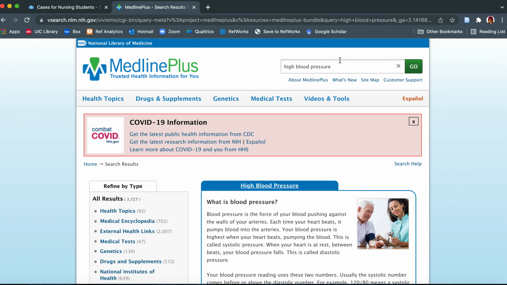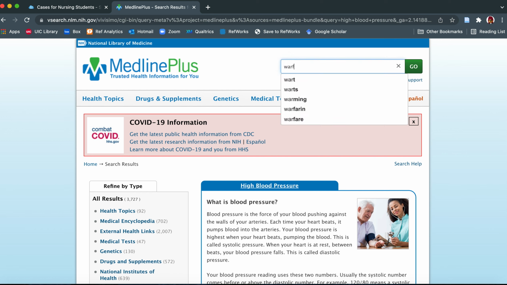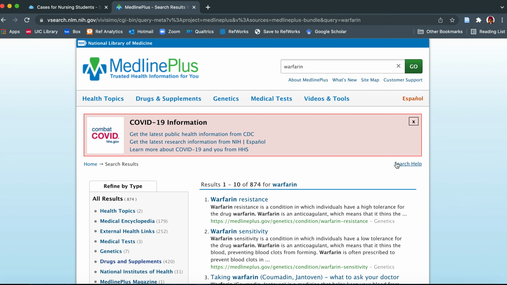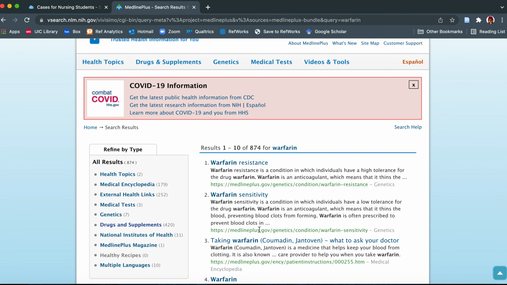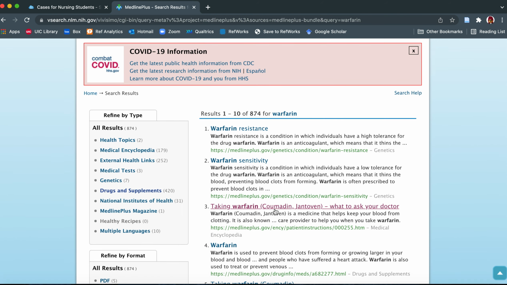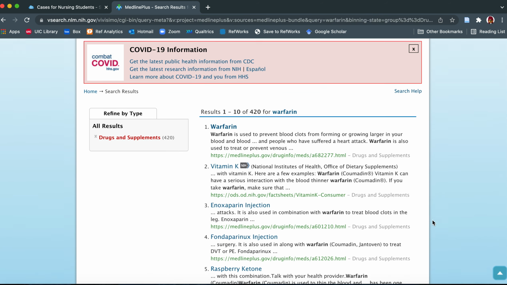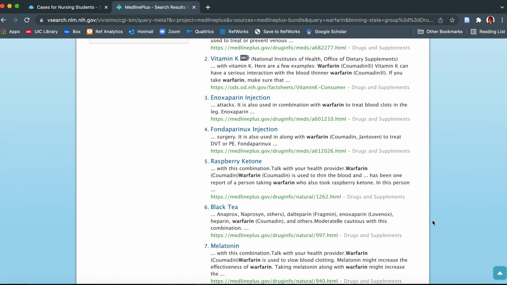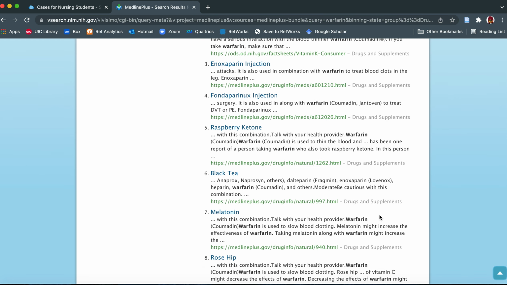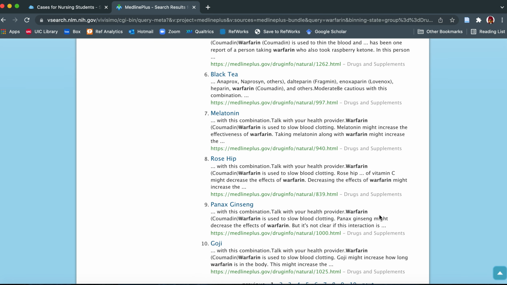Okay, let's try looking for a medication. Warfarin or Coumadin is prescribed quite often. Instead of looking at all of this, we're going to narrow it down just to drugs and supplements. At first glance, some of these seem a bit arbitrary, like black tea, melatonin, rosehip.